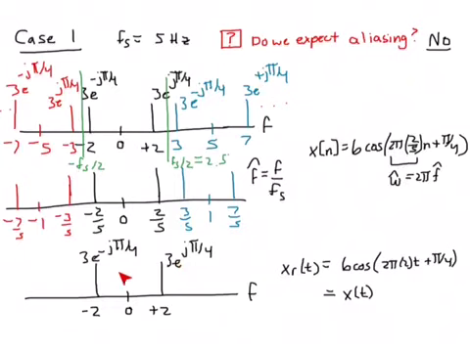That gets us this spectrum back, which corresponds to exactly the same sinusoid that we started off with. Okay, so that was the first case. In the first case, we had absolutely no aliasing, so this was a pretty straightforward process. Now we're going to go to the next case and see what happens there.